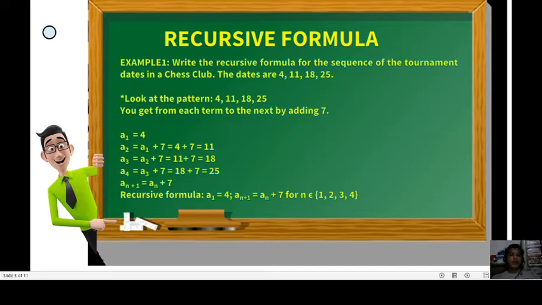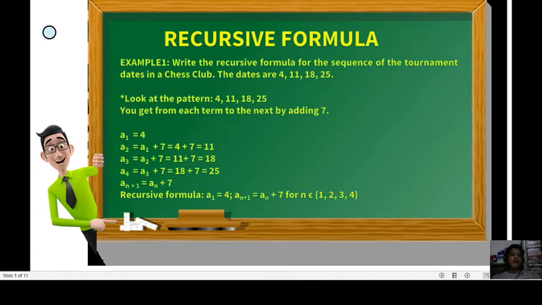What are their differences? 11 minus 4 is 7. 18 minus 11 is 7. 25 minus 18 is 7. So their common difference is 7. You get from each term to the next by adding 7.